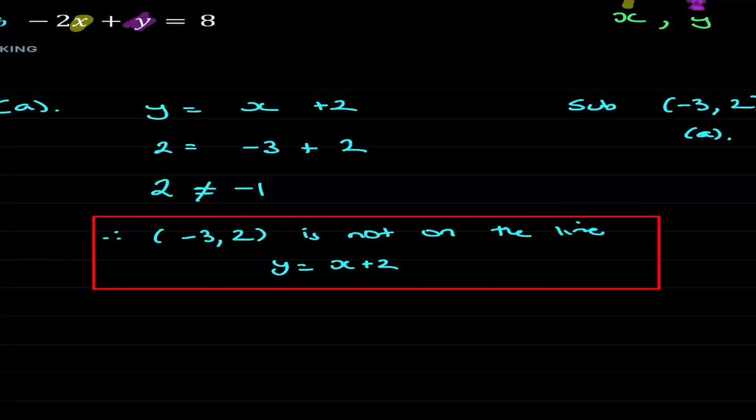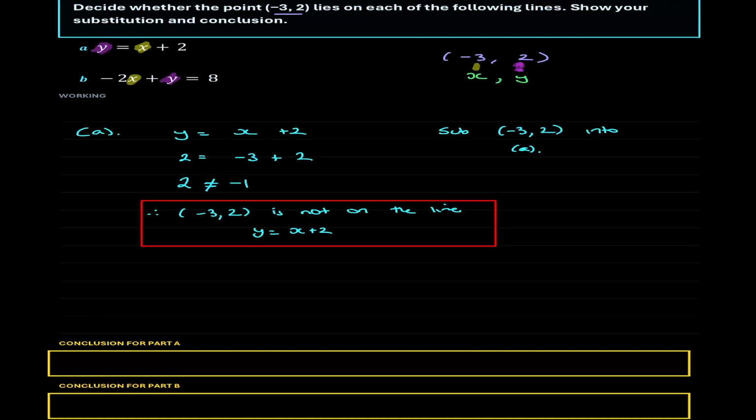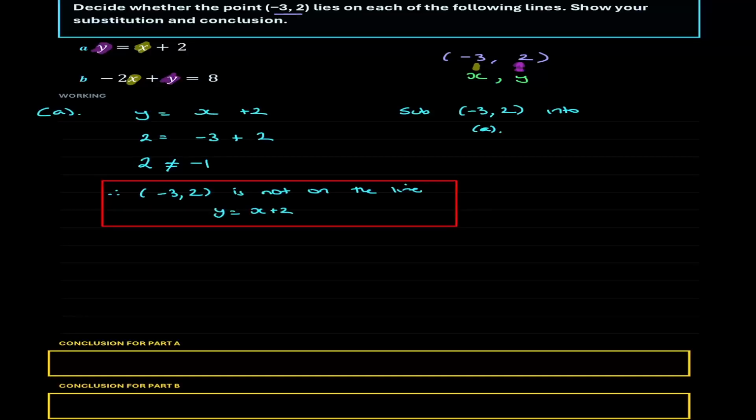What about for B? Well, we do the same thing. So we substitute it in. So let me just make myself a bit of room. Let's move that up here. And maybe I could add myself a page.